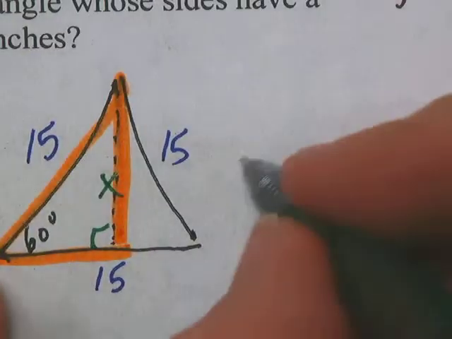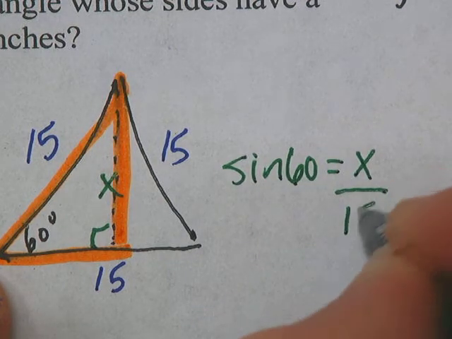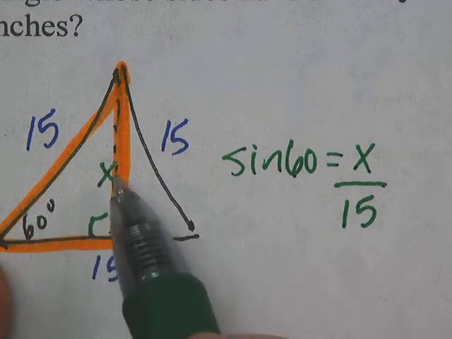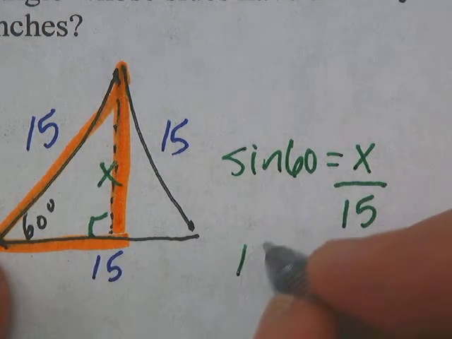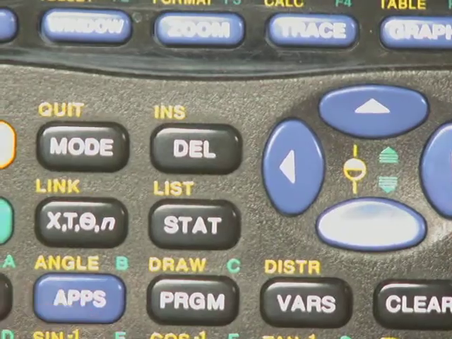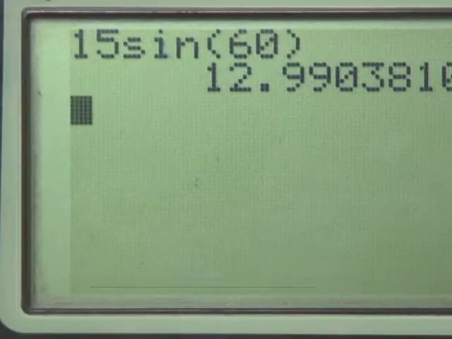Well, its sides are 15, 15, and 15. If I zoom in right here, I'm going to highlight it so it's easier to see. This right here, that's a right triangle. And I want to know this height.